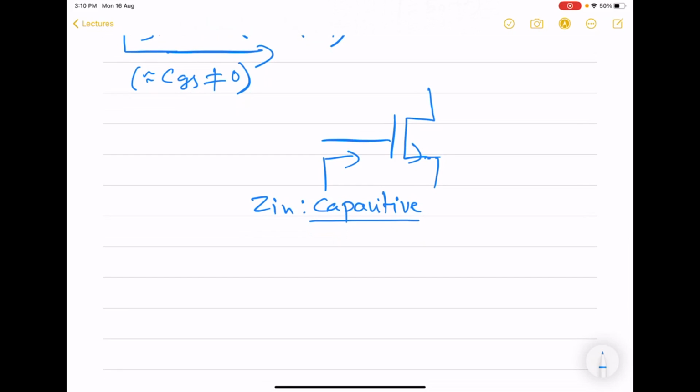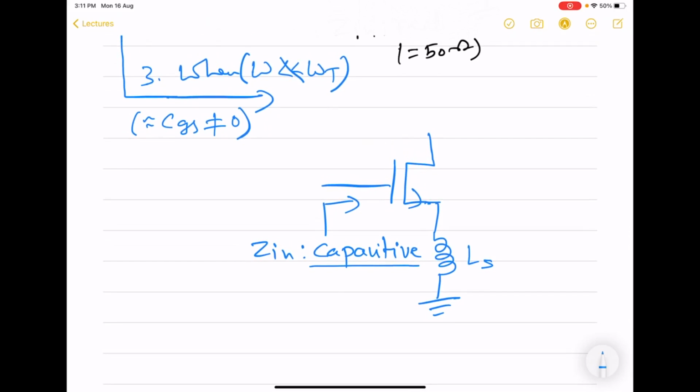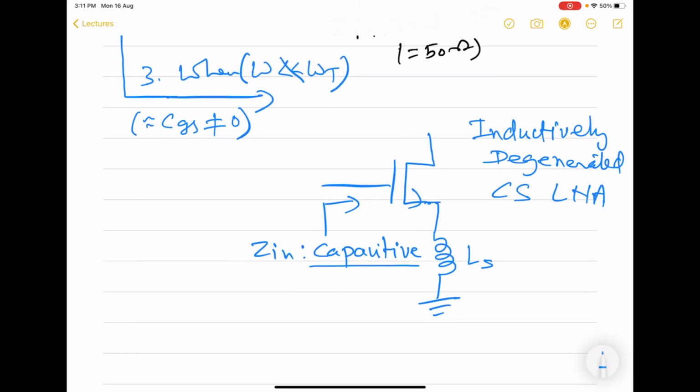So we will see that there is a fortunately simple modification to this common source. Here we can add an inductor between source and ground. And in this case, you can see that source is no longer connected to ground. So this configuration is called degenerated CS LNA. And since this degeneration has been carried out with the help of inductor, this is called inductively degenerated LNA.